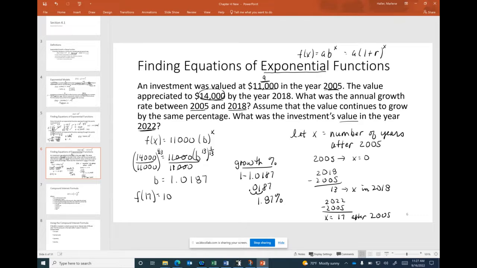It'd be 11,000 times this growth factor, 1.0187, raised to the 17th power. Okay, put that in my calculator.